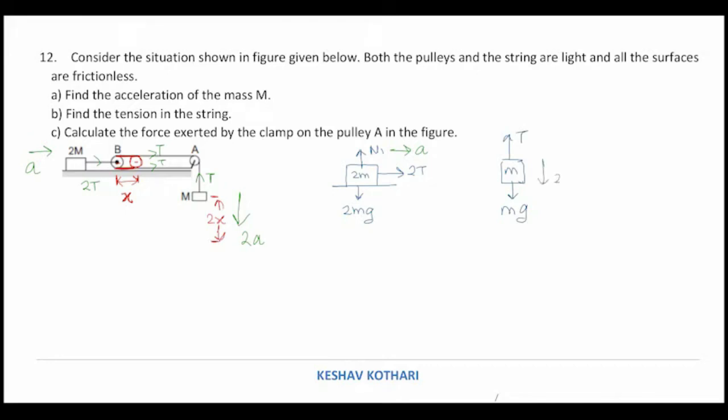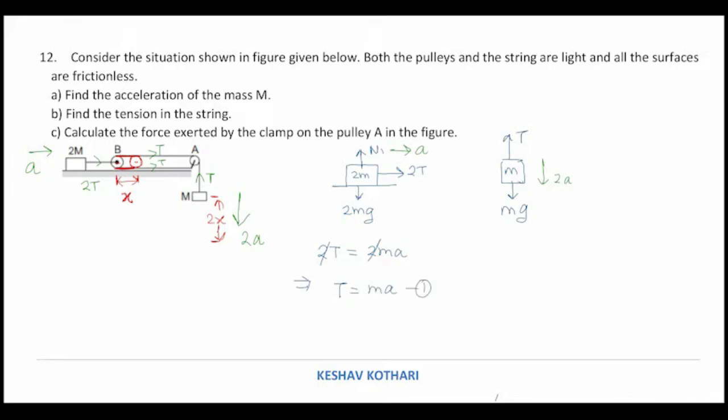So if we write Newton's law equation for both the masses, for the 2m mass it can be written as 2T is equal to 2ma, and from here we establish a relation that T is equal to ma. This becomes the first equation that we have.